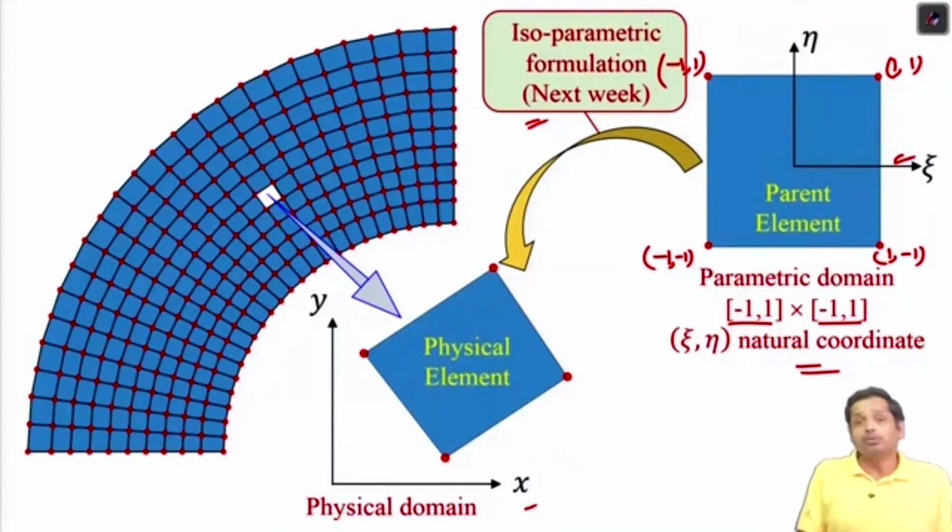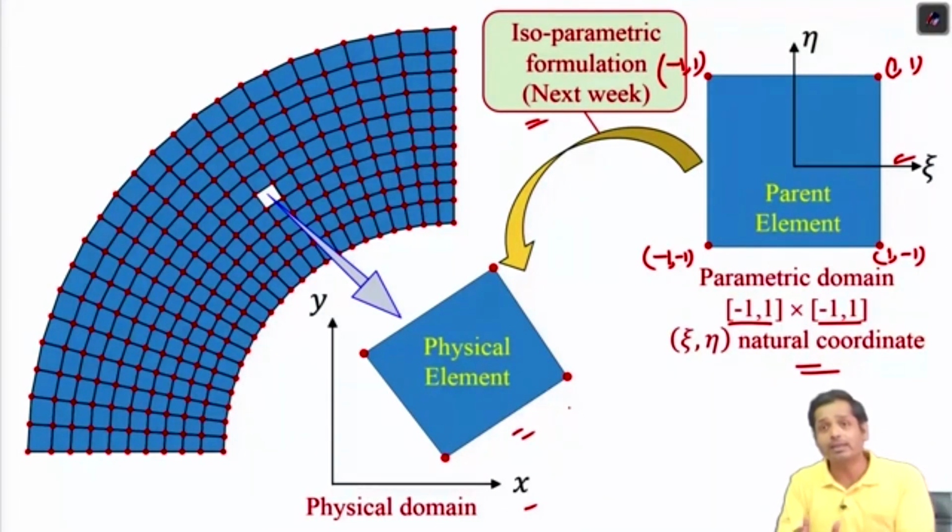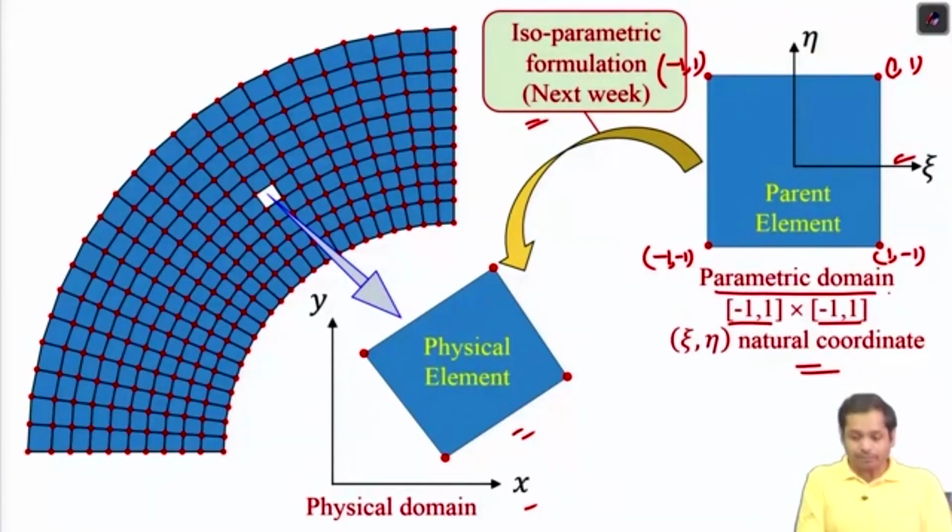So what we do today is we forget about this transformation, and we restrict ourselves to constructing shape functions only on the parametric domain. So for the next 15-20 minutes we will discuss construction of shape functions for a parent element, and this parent element could be a 4-noded element, an 8-noded element, or a higher order element.